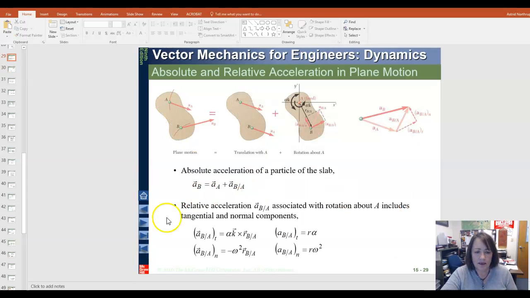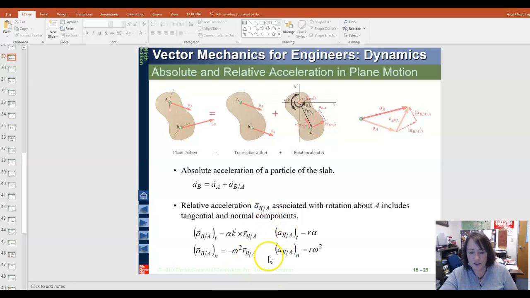So how we break that up is we break it into a normal and a tangential component. The acceleration of B with respect to A in the tangential component is alpha, the angular acceleration measured in radians per second squared, crossed with the vector that goes from A to B, r of B with respect to A. And the normal acceleration is minus omega squared r, where r is the same vector.